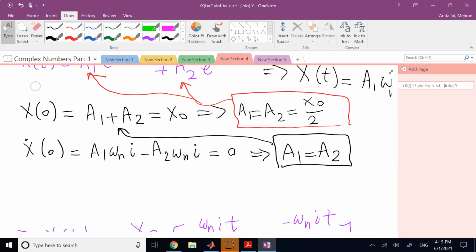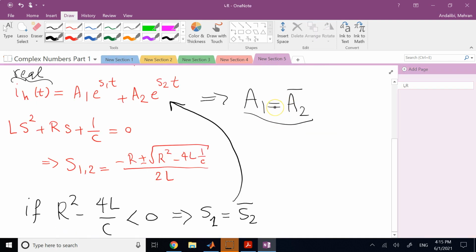If you look at this A1 and A2, they are the same, but they are real. When two numbers are real, they are of course conjugate of each other because there is no imaginary part. Each real number is its own conjugate, right? So this is an important thing. And then, as I said, you have to resort to complex numbers to solve it. So just keep that in mind. That is very important. Good.